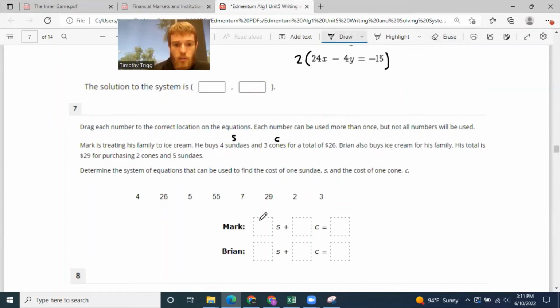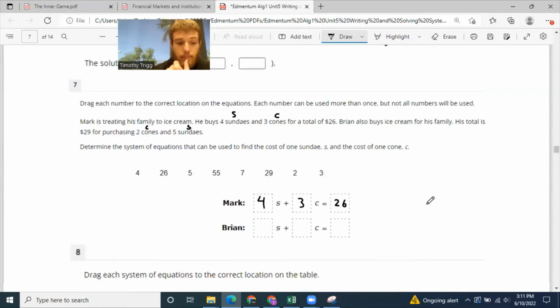So 4 sundaes plus 3 cones resulted in a price of $26. Okay. Brian also buys ice cream for his family. What a nice guy. His total is $29 for purchasing 2 cones, 5 sundaes. Okay. 2 cones, so that's C, 5 sundaes, so that's S. Go ahead and see if you can put the correct numbers for this one here.